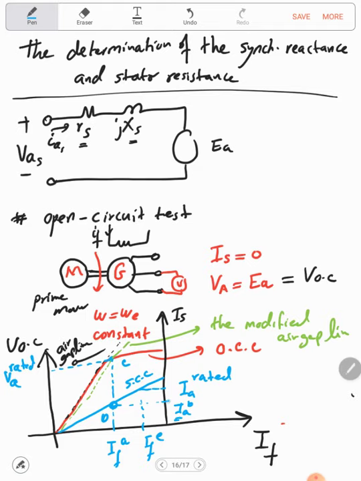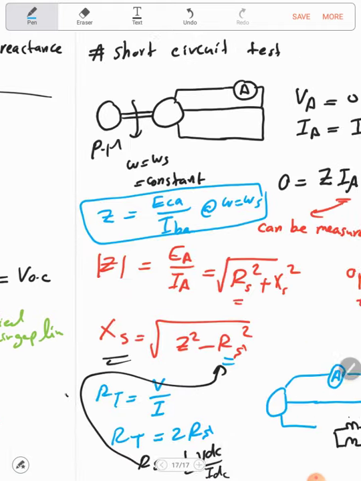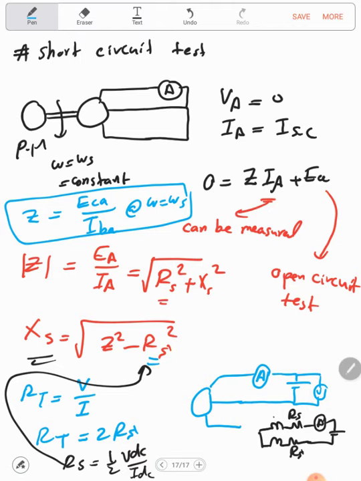So we need to register this current, and we need to register this voltage in order to calculate the impedance. And for the resistance, it's simply from the well-known DC voltage test, in which we are supplying a small voltage such that the current in the coil is equal to the rated. Then simply RS will equal 1 over 2 VDC over IDC.